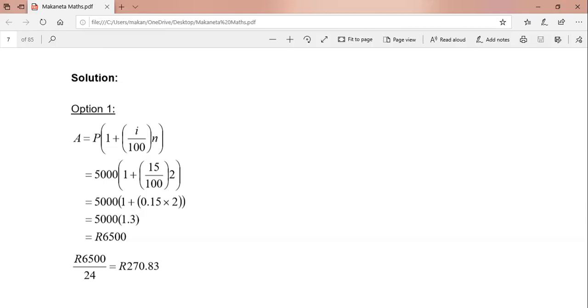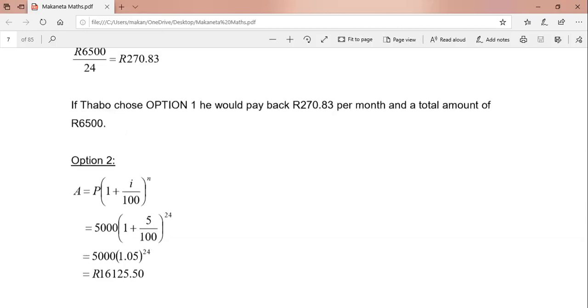Now let's go and look at option 2. Now, if Thabo chose option 1, he would have paid 270 rands and 83 cents per month for a period of 24 months.